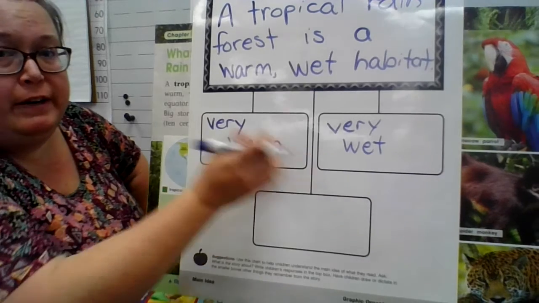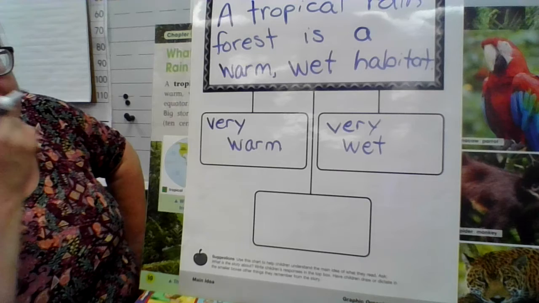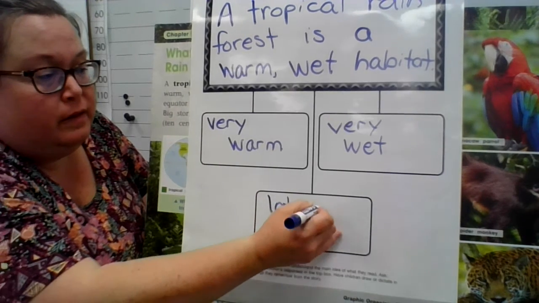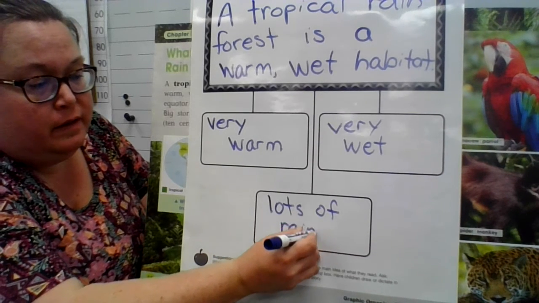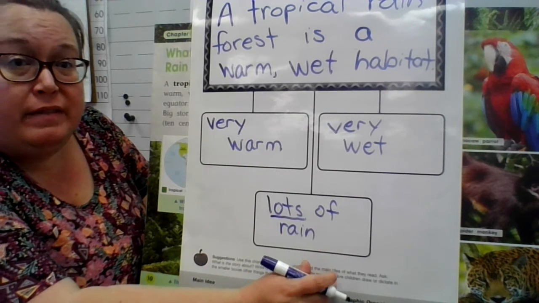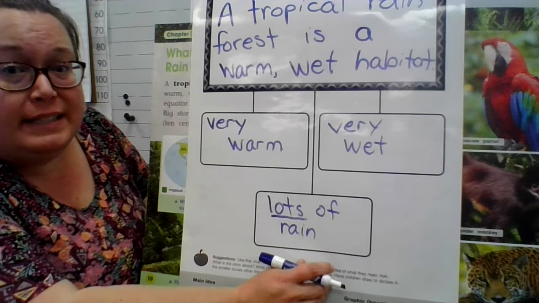Very warm and very wet. And it can get lots of rain. Right? And I'm going to underline lots because they made a point of that, to stress that in the chapter. Lots of rain.